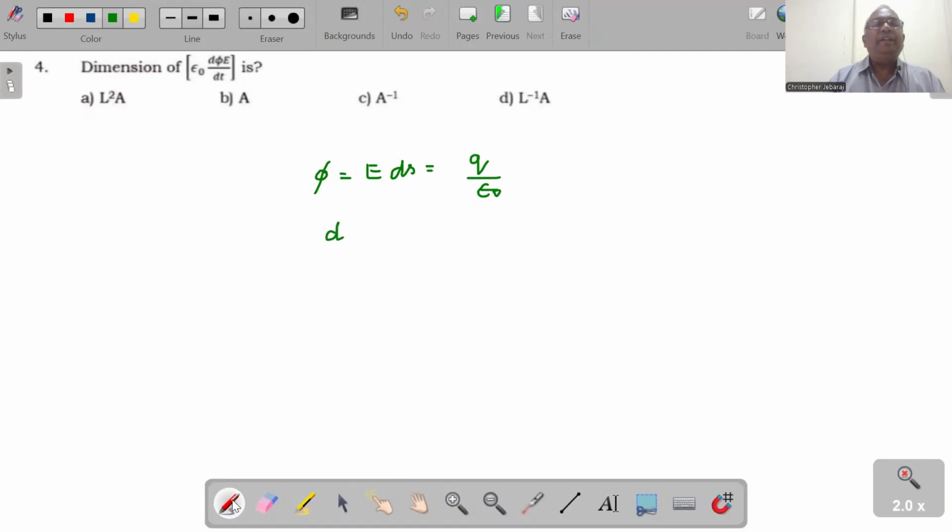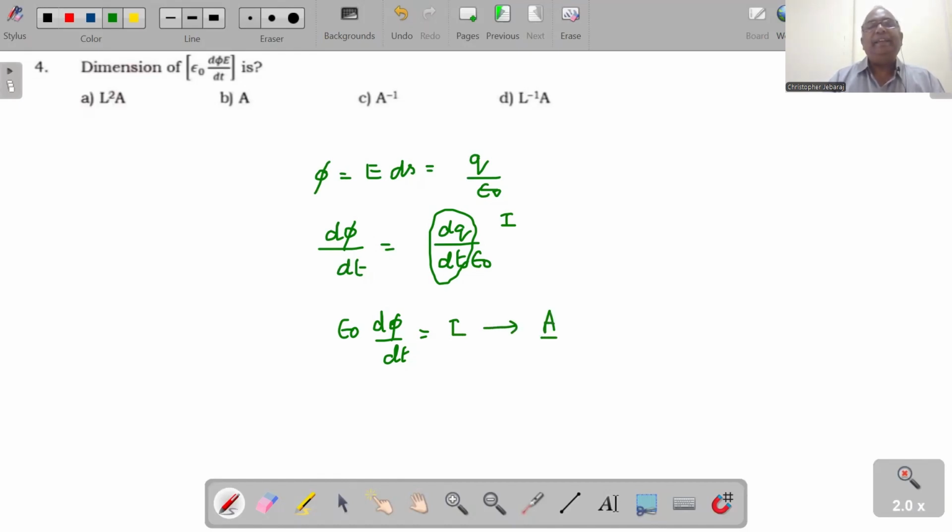So d phi by dt is equal to dq by dt into 1 by epsilon naught. What is dq by dt? Nothing but current. Here they want epsilon naught into d phi by dt, which is nothing but current. The dimension of current is A. So the answer is A.